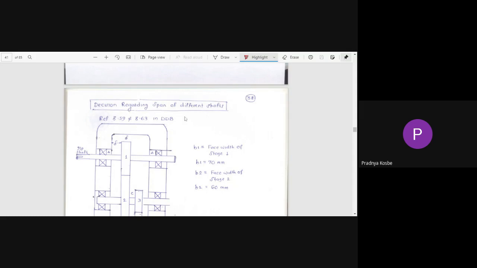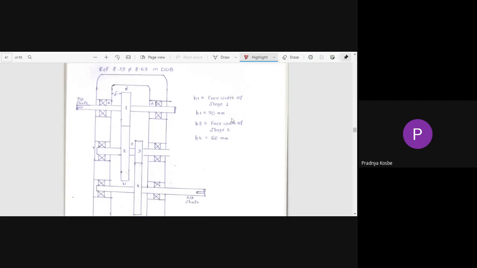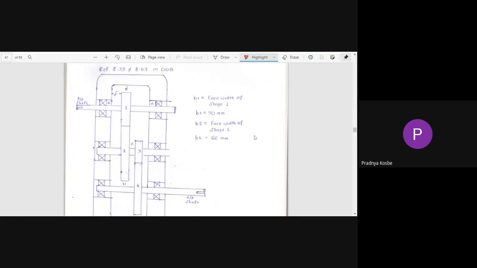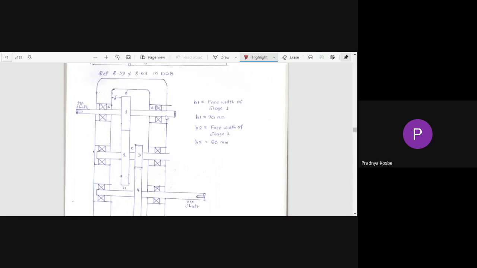Now, decision regarding the span of different shafts. Okay. So B1, you can see this arrangement. This is the outer casing and inner casing.